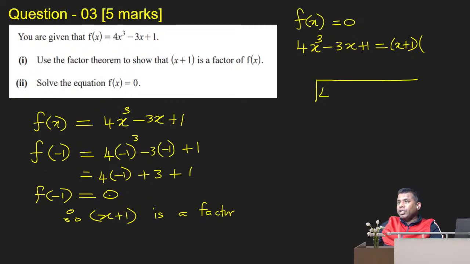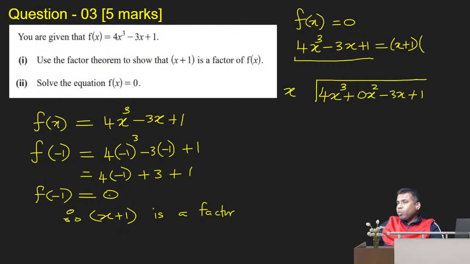So polynomial division, 4x cubed plus 0x squared minus 3x plus 1. Careful when you're doing this one. You must put 0x squared, otherwise you will make some mistakes and confusion there, right? This expression doesn't have an x squared, so you must put the 0x squared in order to make the polynomial division work.